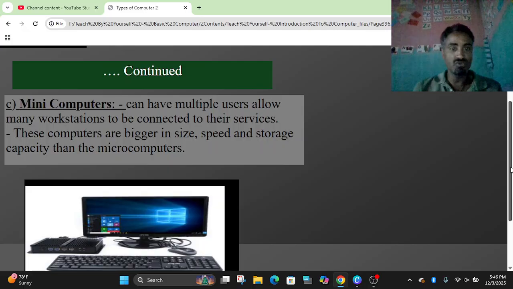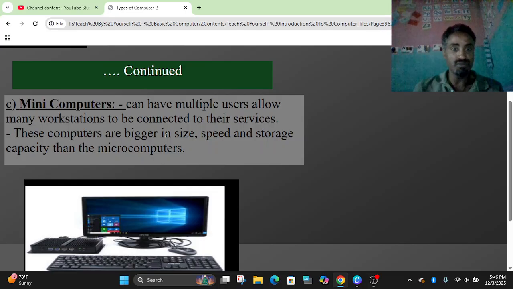Because they control other computers over the network and give access to microcomputers over the network. These computers are sometimes called workstations or servers. They can have multiple users and allow many workstations to be connected to their services.